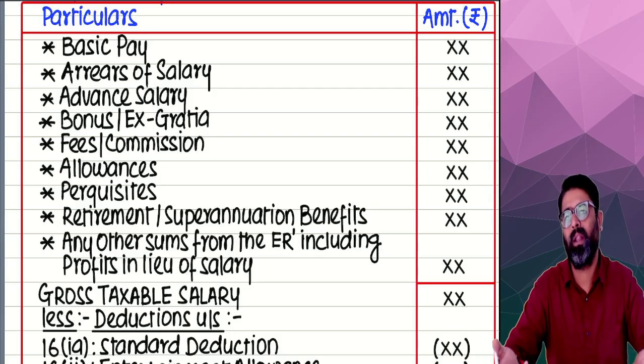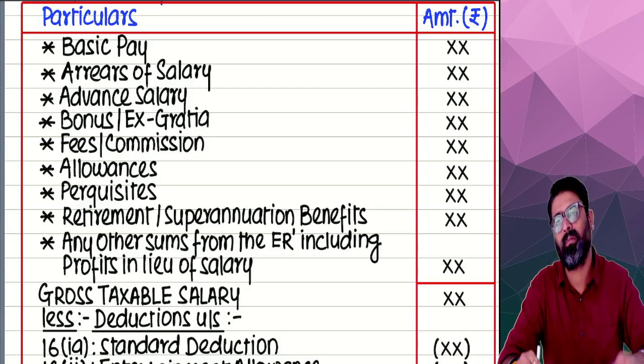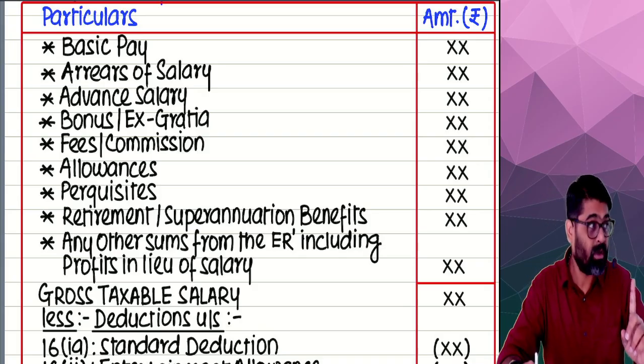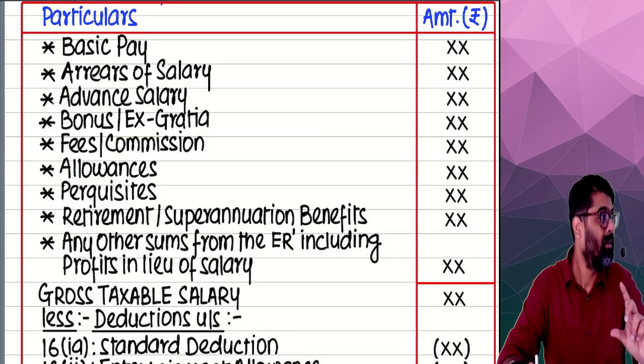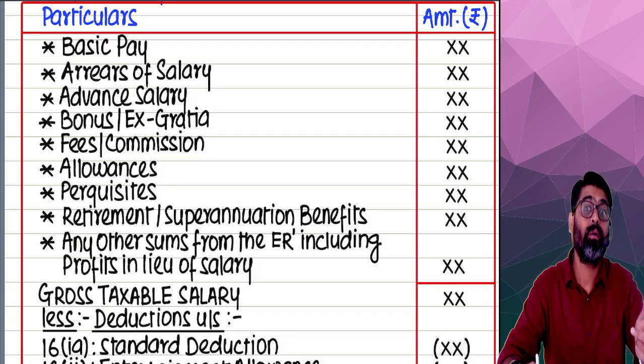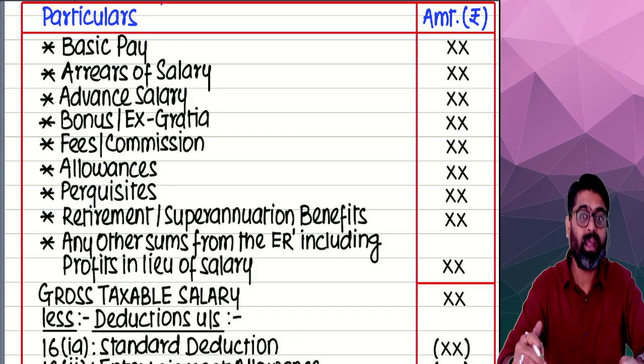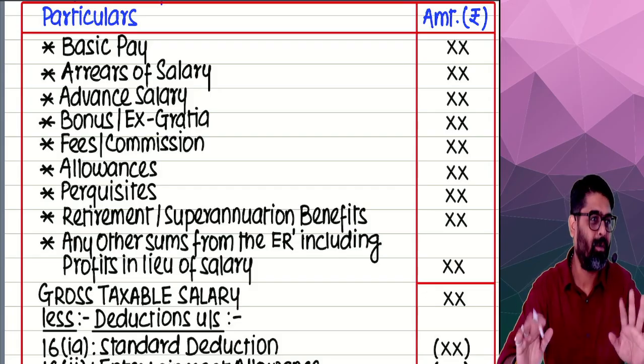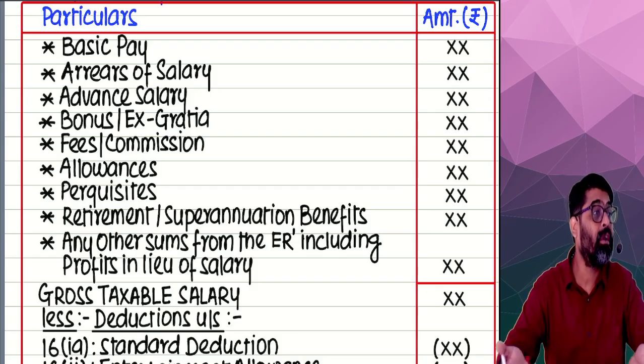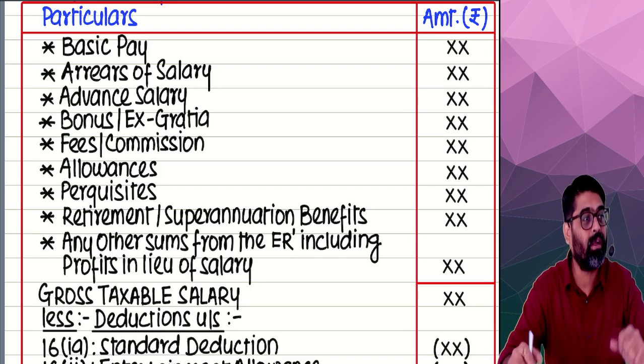How can a loan be taxable as your income? Ignore that, no? So they will put you in trouble by twisting the language. And if the language is twisted and by mistake you have taken that amount as your salary, the entire sum is wrong. Why? Because that is not your income only. Why are you charging that?